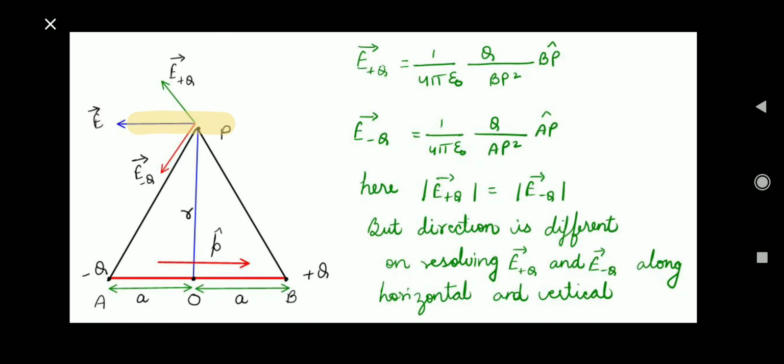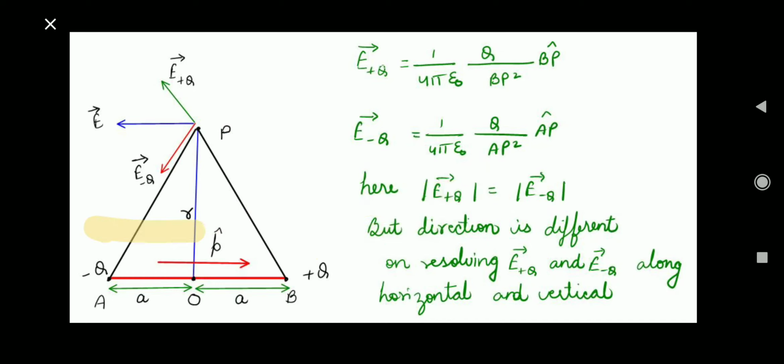The direction of E is like this, P cap is lying like this. P cap and E vector are in opposite direction, so for this E vector the direction will be represented by minus P cap.